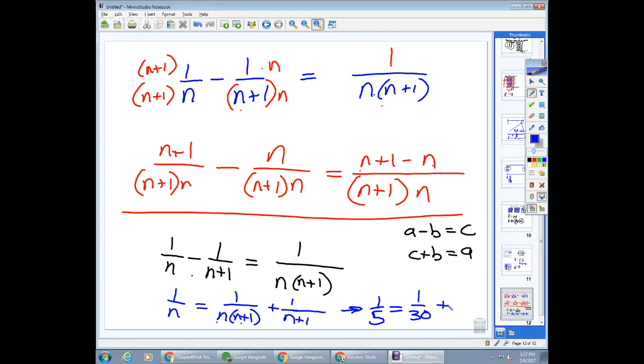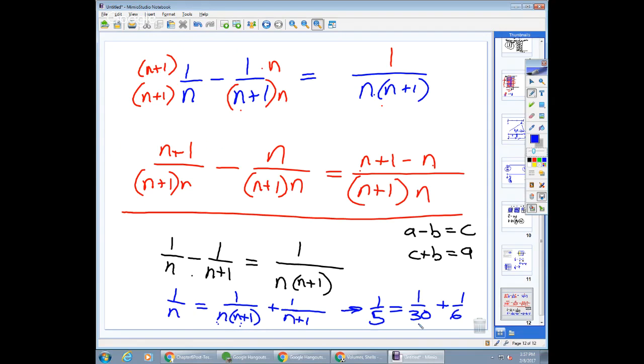And then this is 1/6 here. So this formula says 1/5 has to be equal to 1/30 plus 1/6, because 30 is 5 times 6. It's just interesting. The Egyptians discovered this in the way they dealt with fractions. They never wrote it algebraically, they just kind of had an intuitive understanding of it.